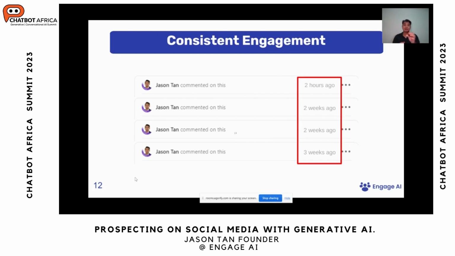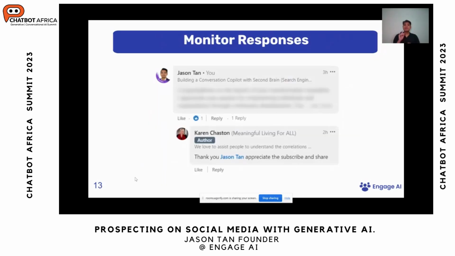They are going to remember you, or at least they will be curious to know who this person is who is often there to support or ask great questions whenever they post. So that is the idea of consistent engagement, and Gen AI is going to help you be efficient and consistent.